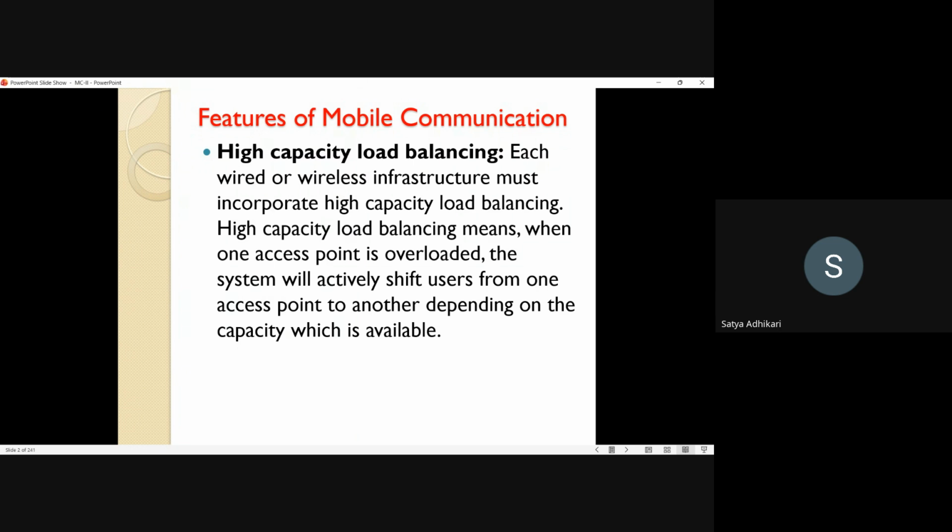Similarly, the second component is the receiver, who receives data. There will be another such device which receives data, so the receiver side also.